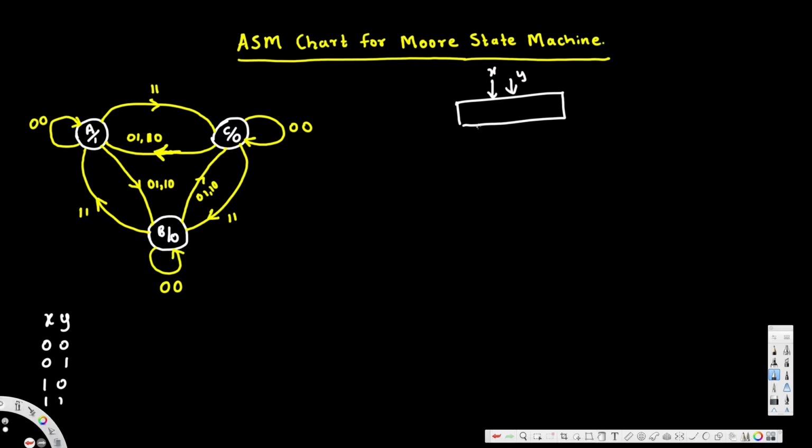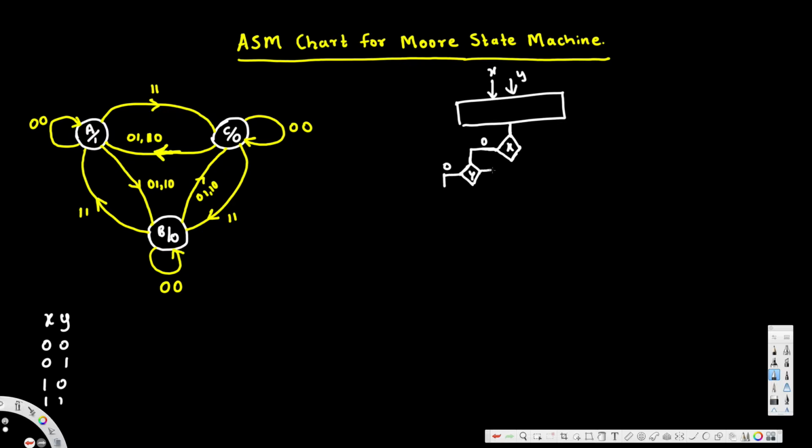Now let's see how the diagram is going to be. Here we have to draw the decision diagram, that is this one. If it's two inputs, we are going to have two decisions. So we are going to have a branch like this, and here we will have y when x is 0, and y will have two choices.